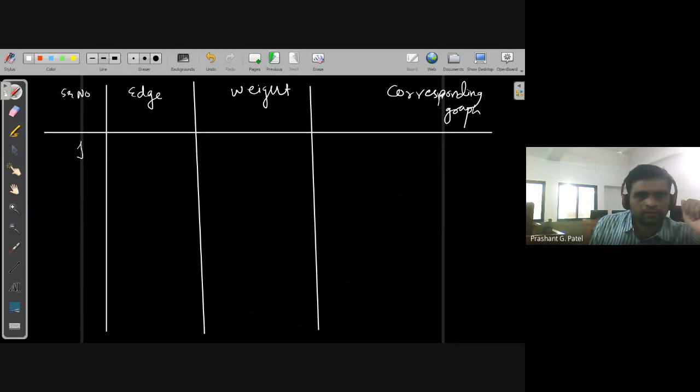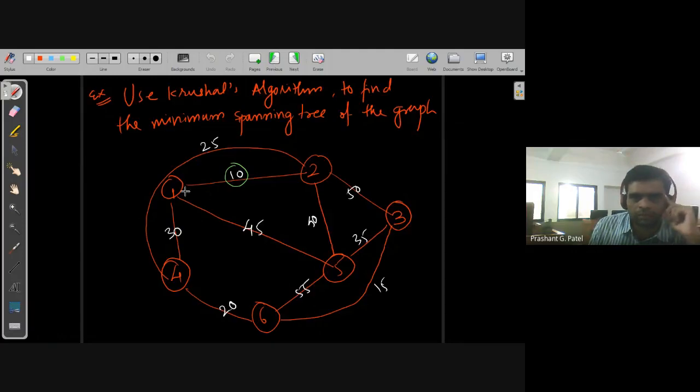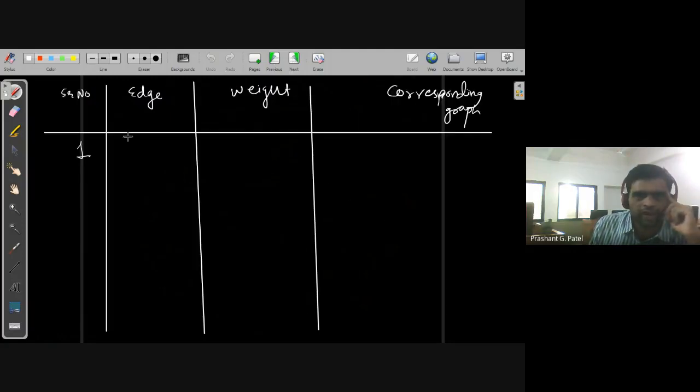So this is the first one, serial number is 1. What is the edge we have taken? The edge is 1 to 2. What was the weight? The weight is 10. And what is the corresponding graph? The graph is this. This is 1, this is 2.